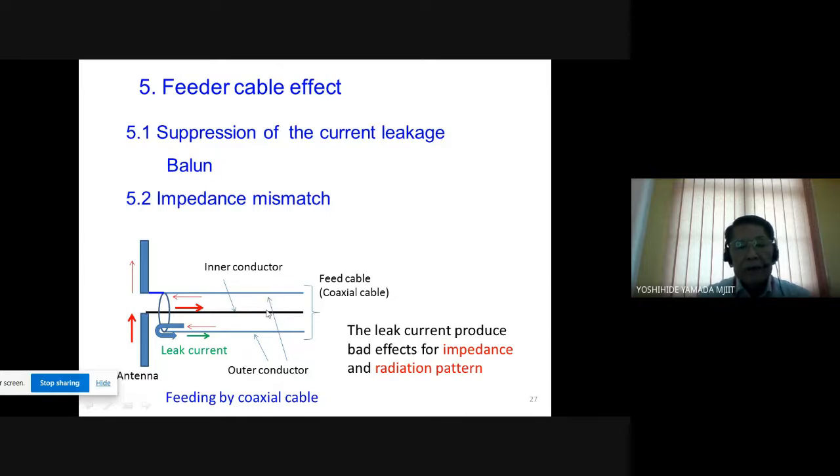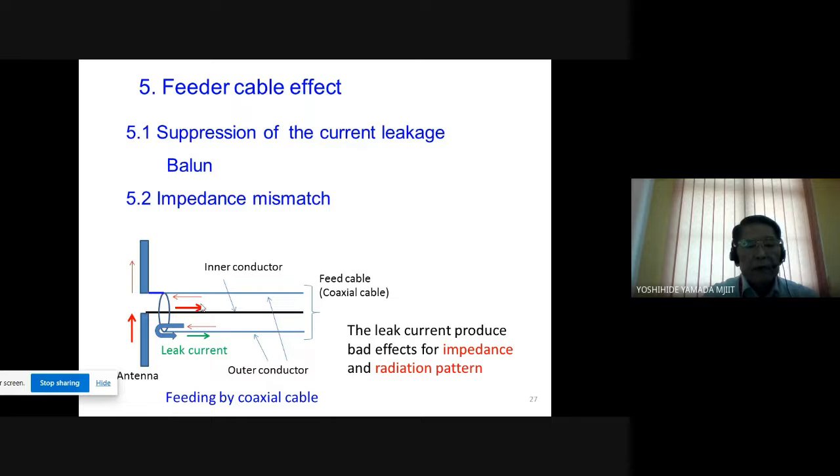The current flows inside on the inner conductor and the current distributes in the outer conductor. The antenna is attached like this, directly to the inner conductor and one part to the outer conductor.